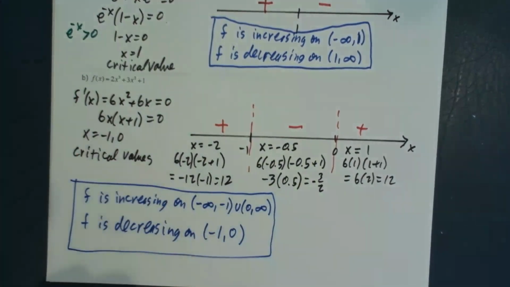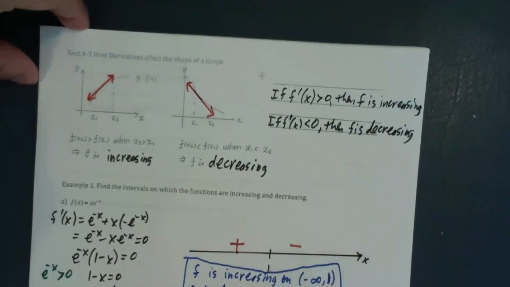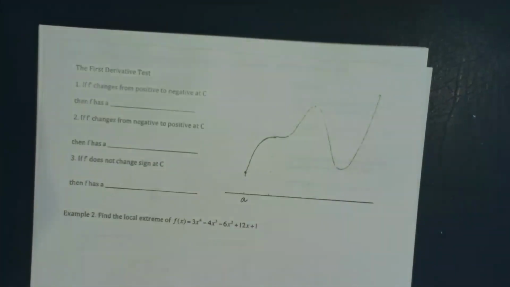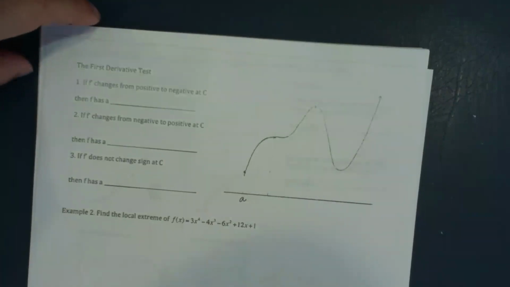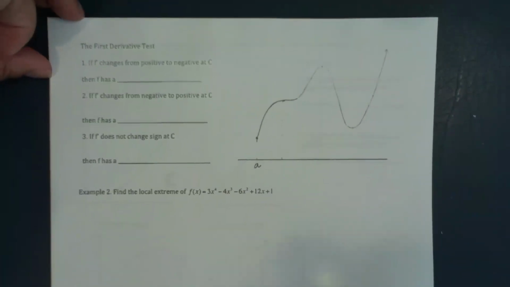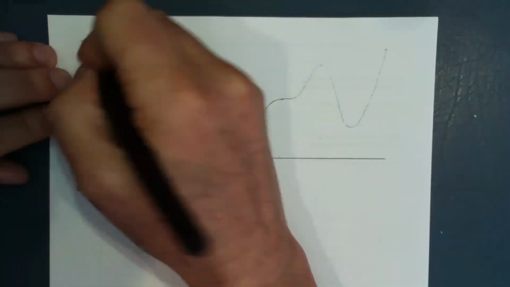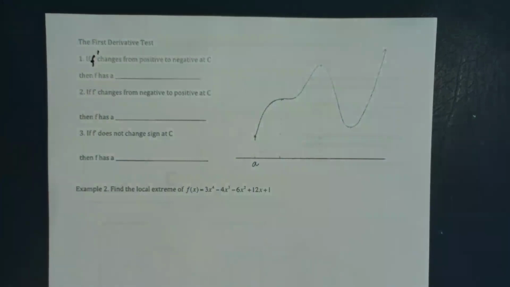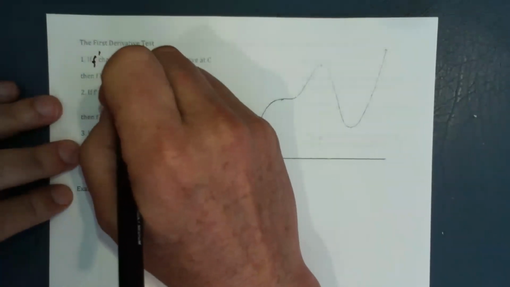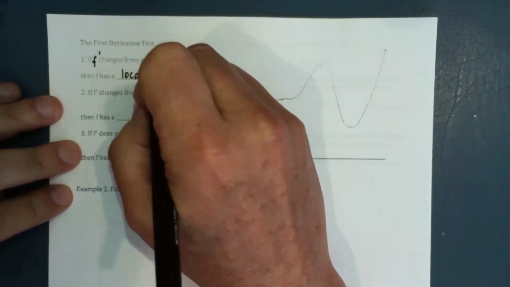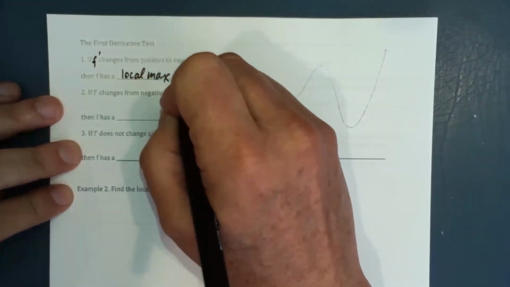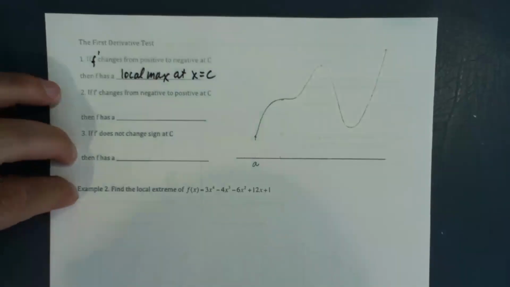Not too bad when it's easy to take the first derivative and set it equal to 0. So let's keep going. And that brings us to the first derivative test. So if f prime changes from positive to negative at c, then f has a local maximum at x equals c.